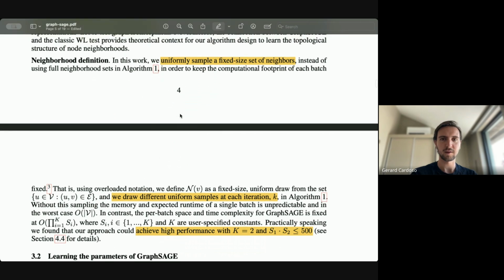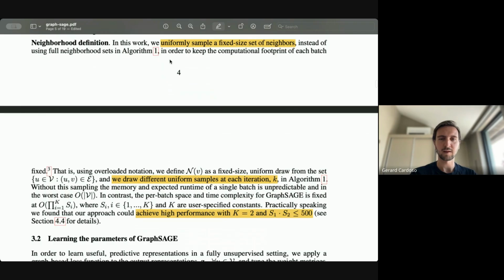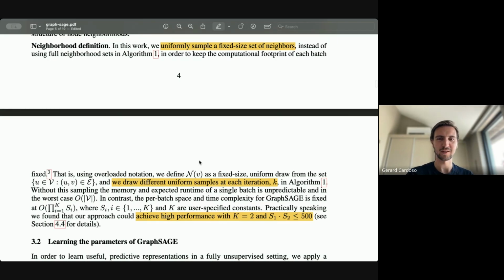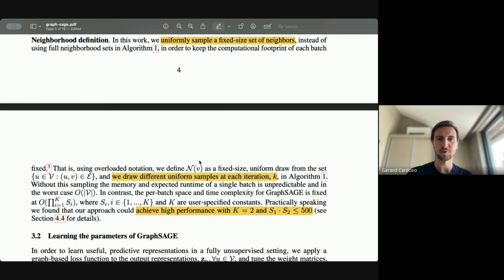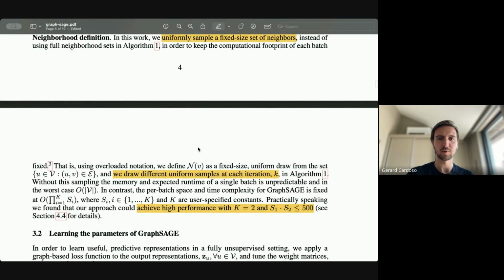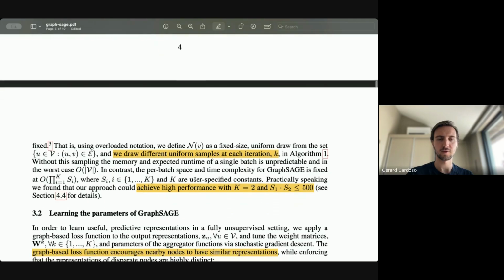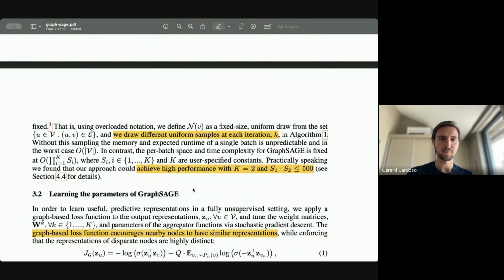So we have the notation that says neighborhood of V, but they abuse that notation, because really it's just some uniformly sampled set of neighbors, and they draw different samples at each iteration.